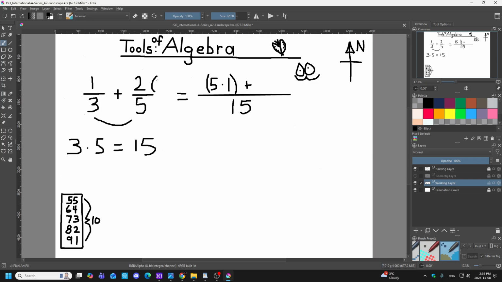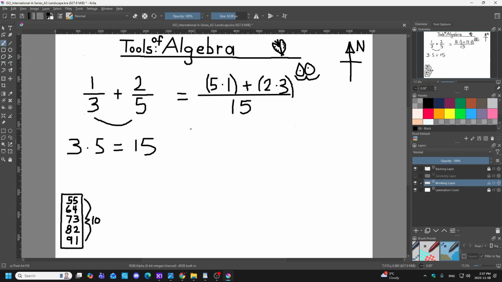In order to do that, I multiply the numerator and the denominator by 3. So, therefore, I get 2 times 3. It's that easy.